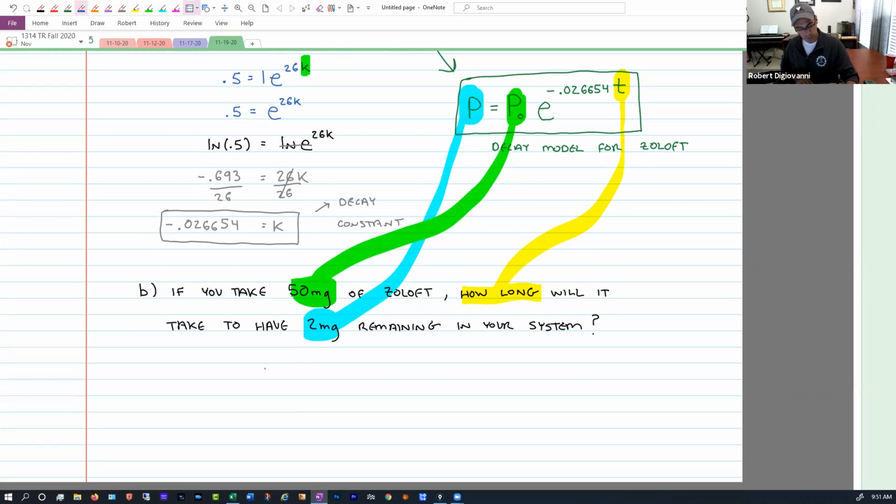I'm going to replace the P with 2, and replace the P sub 0 with 50. And then e to the negative 0.026654 times t. There we go. And now our goal is to solve for t. Let's go ahead and do that.